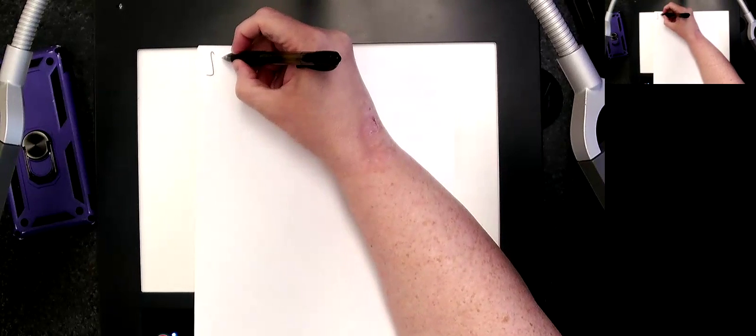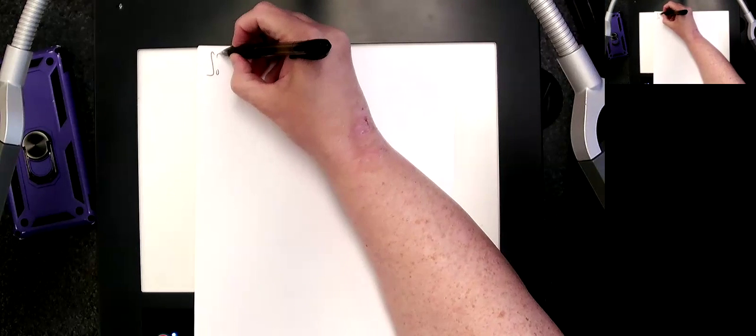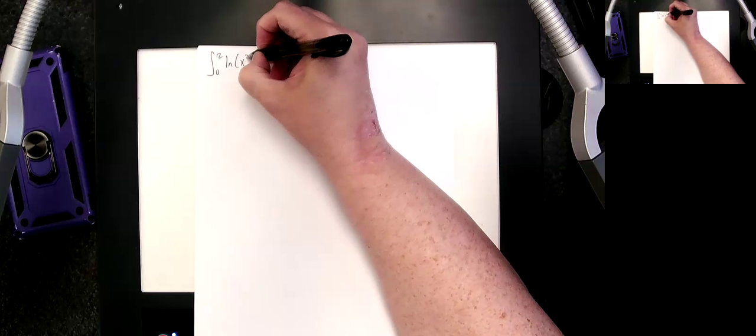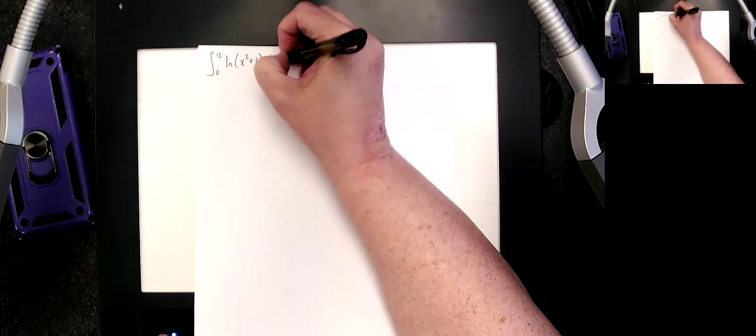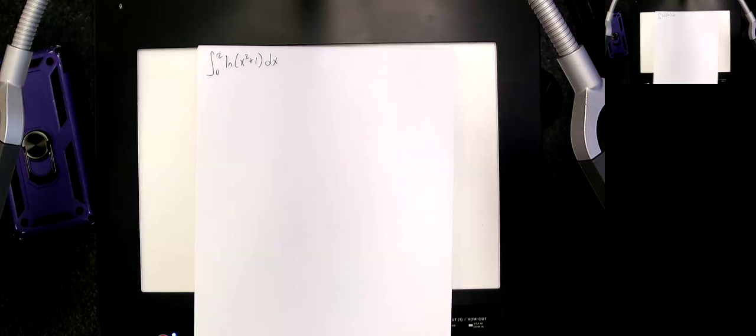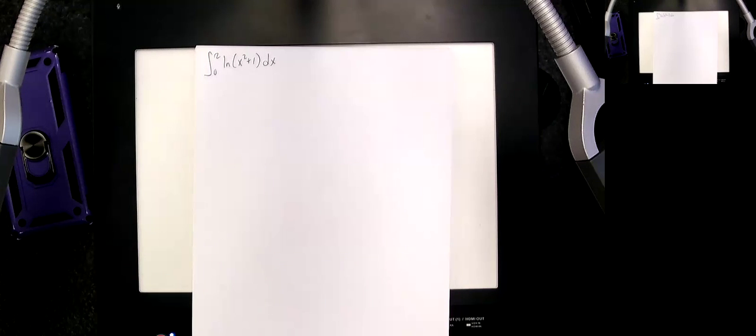All right, let's do 0 to 2, natural log of x squared plus 1 dx. Now a U sub here is gonna take us down another row where we don't have an x showing up, so we'll have to do some crazy stuff and it's not worth doing.